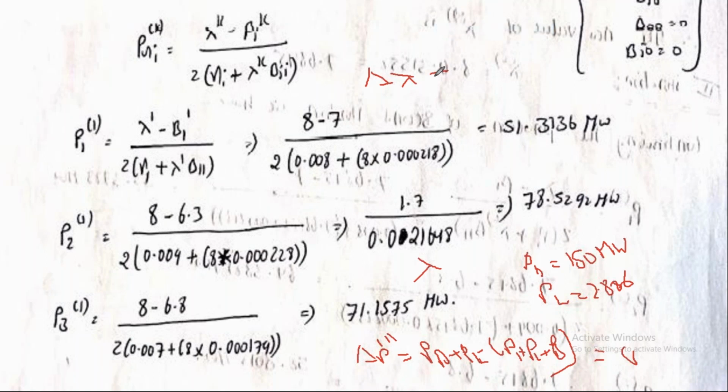Delta lambda equals delta P power k divided by the summation of i equals 1 to n of dPi by d lambda. So this is the formula we have to use to update the lambda. Let me see how it will come.